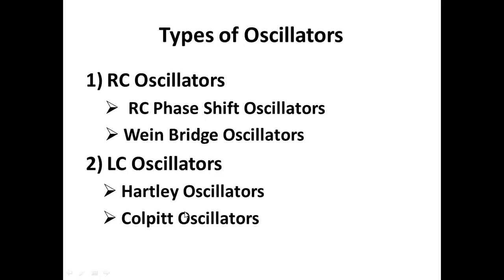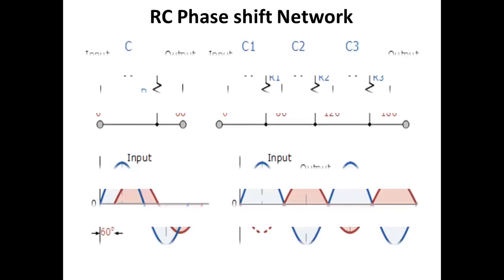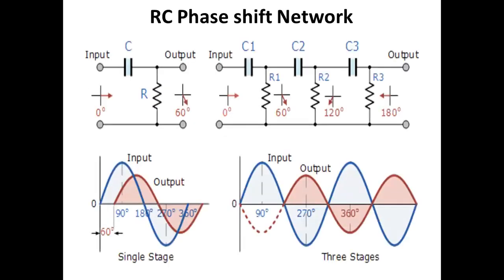Before going to understand the circuit of RC oscillator using op-amp, it is very important to understand the concept of RC phase shift network. The RC phase shift network is used as the feedback network in the op-amp circuit.